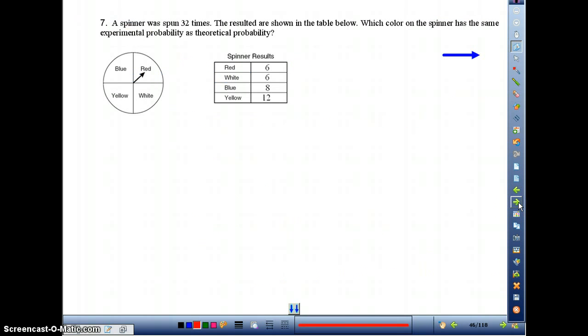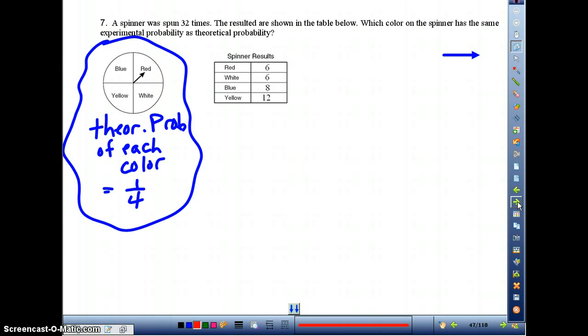Okay, number 7. A spinner was spun 32 times. The results are shown in the table below. Which color on the spinner has the same experimental probability as theoretical probability? Well, theoretical probability is based on theory. How many times should the spinner land on red? How many times on blue? How many times on yellow? How many times on white? Each one of these has 1/4 of a chance of happening, or a 25% chance.